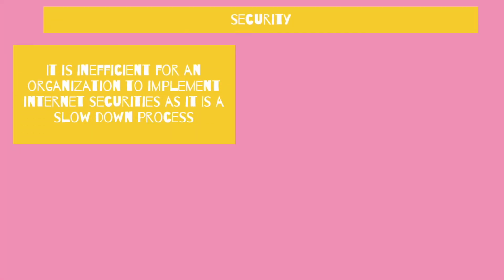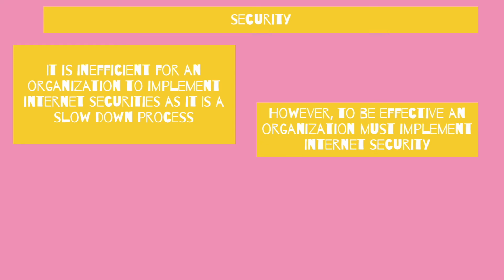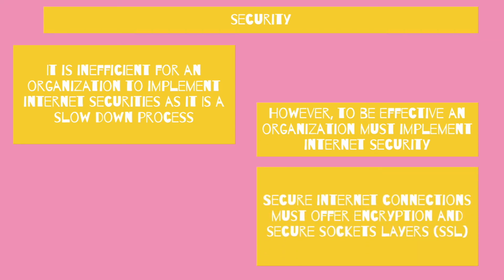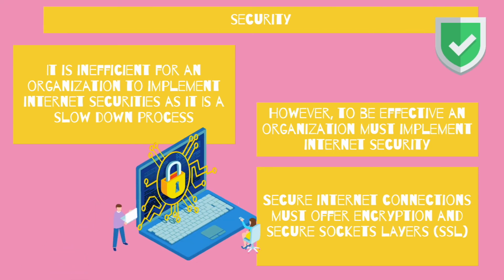Security. Security is an issue for any organization offering products or services over the internet. It is inefficient for an organization to implement internet security since it slows down processing. However, to be effective, it must implement internet security.